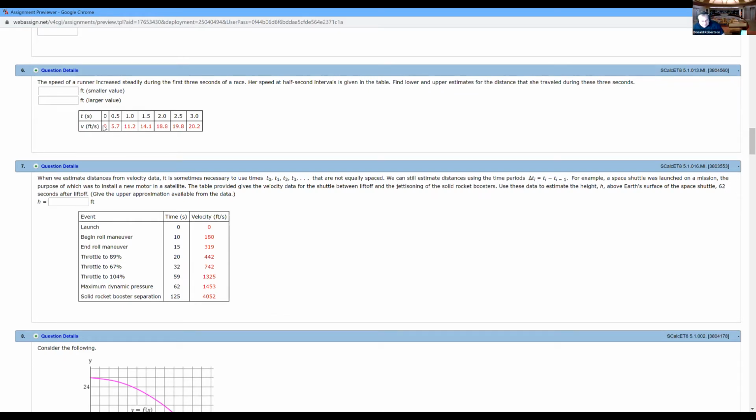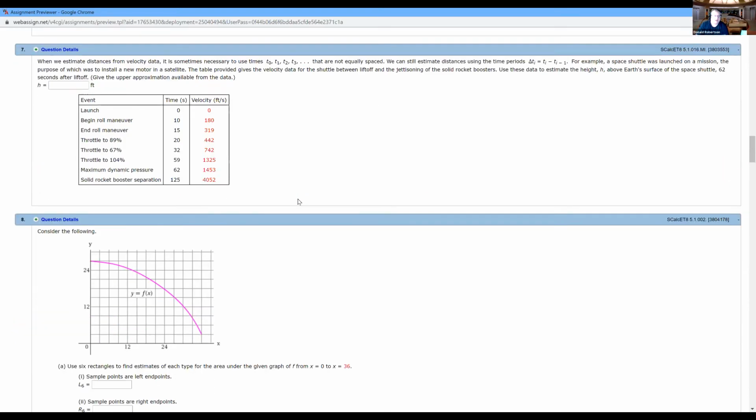So it's not that they are not doing the table stuff, they're just not handing it to you on a plate, right? They didn't say there's 5 strips and delta t is 0.5 and find L5 and R5. Didn't they just say, here's a table, find the upper and lower estimates for the distance? Because the area under that curve is the distance. That's why that works.